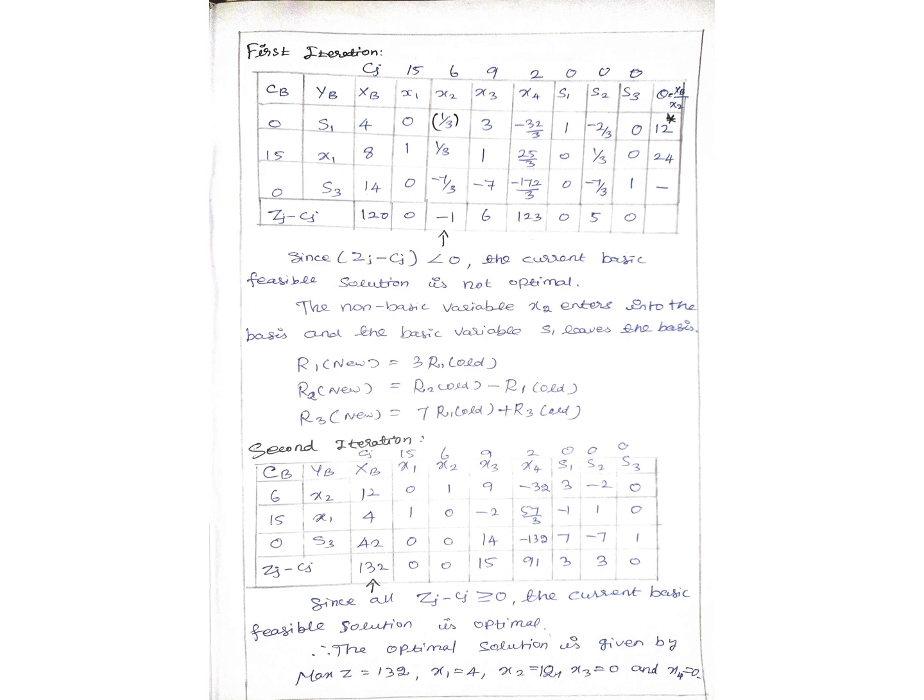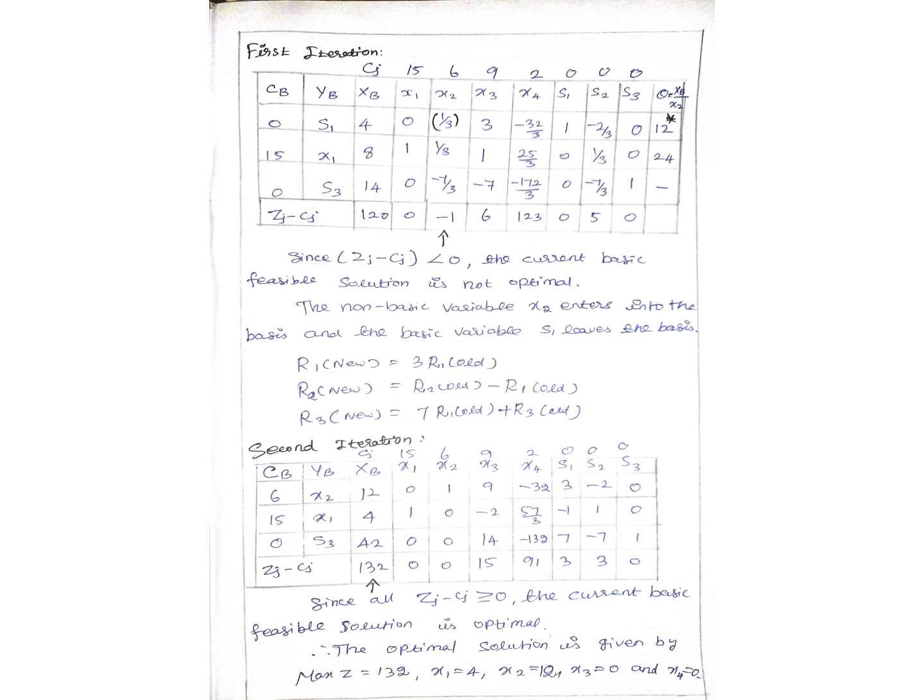And next one, 6 into 9 plus 15 into minus 2 plus 0 into 14 minus 9, which is equal to 15. And the next one, 6 into minus 32 plus 15 into 57 by 3 plus 0 into minus 132 minus 2, which is equal to 91.